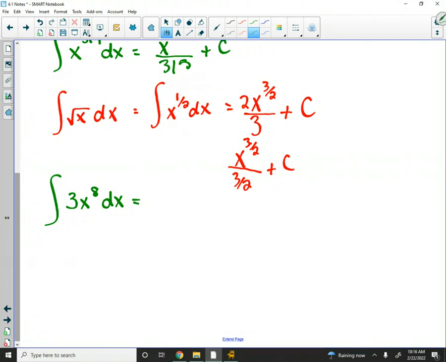In almost every single thing we've done this year, there's been a constant rule. And that constant rule says, just tag it along. So I'm going to bring the 3 out. And then x to the 8th, I'm going to add a power, divide by that new power, plus c.